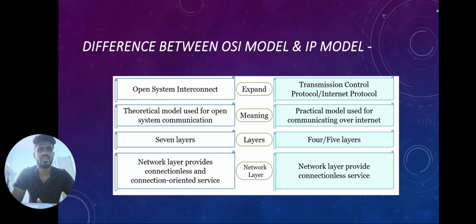In OSI model it contains 7 layers, and in TCP/IP model it contains 4 or 5 layers. Now network layer. In OSI model, the network layer provides connectionless and connection-oriented service. In TCP/IP, the network layer provides connectionless service.